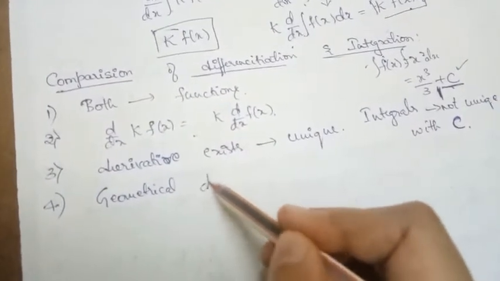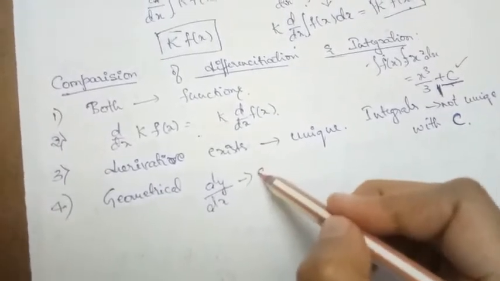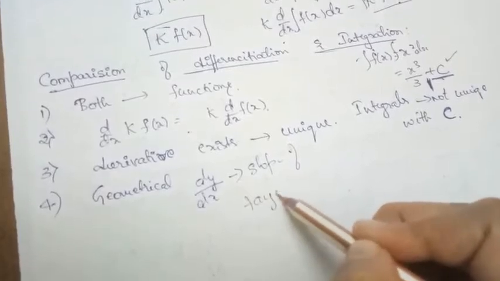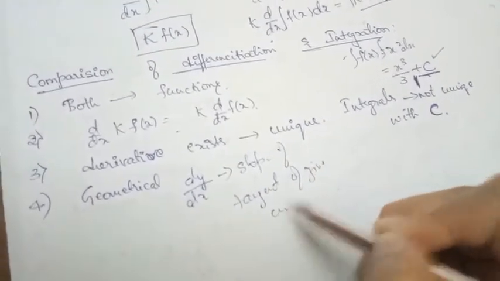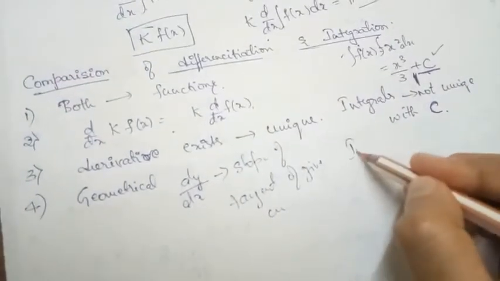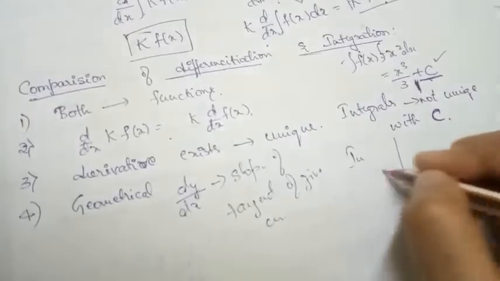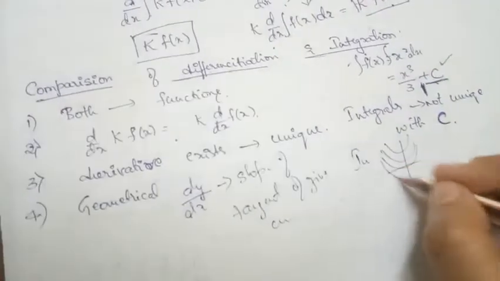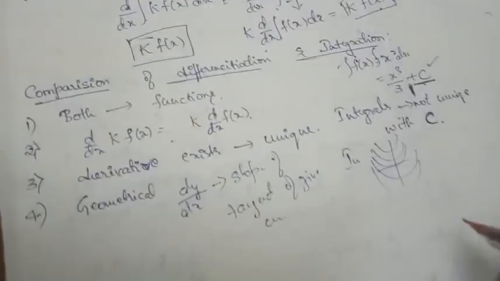The derivative, that is dy by dx, says that it is the slope of a tangent of a given curve. But what does the geometrical representation of the indefinite integral say? The indefinite integral gives a family of curves. So we are going to get a family of curves.